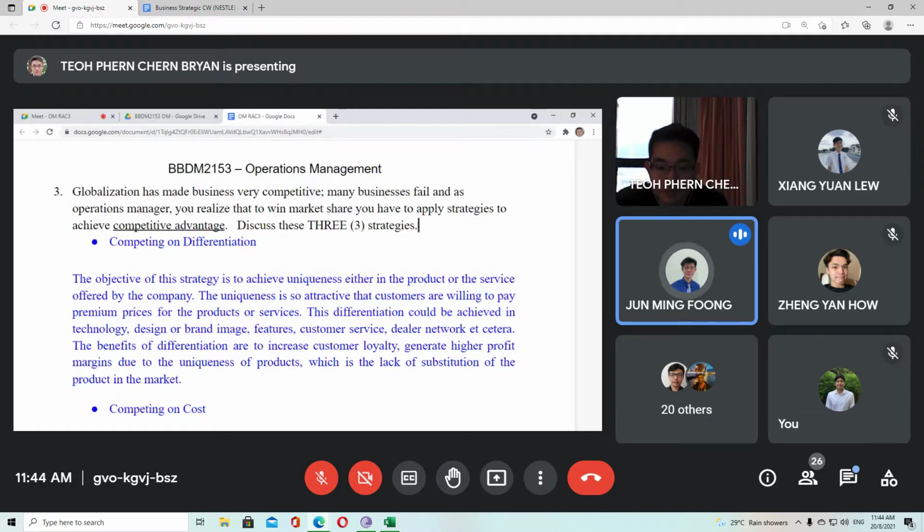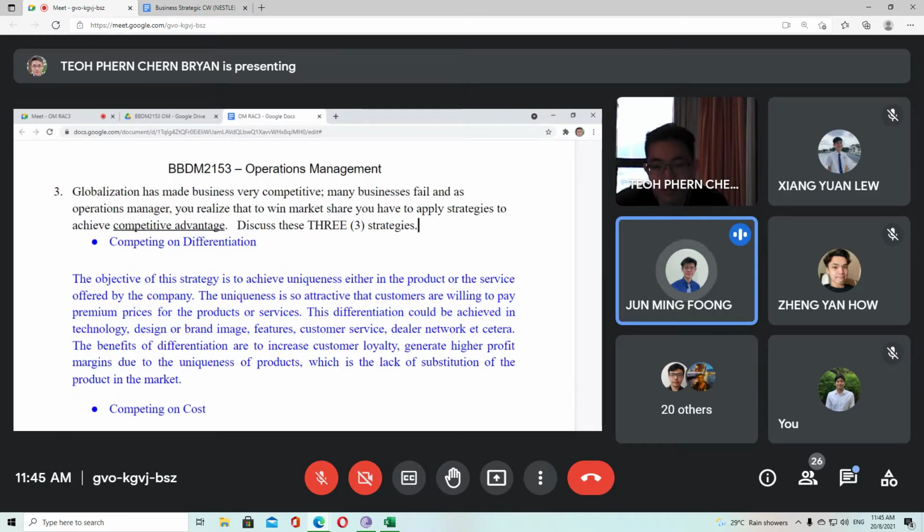This differentiation could be achieved in technology, design, brand image, features, customer service, dealer network, and so on. The benefits of differentiation are to increase customer loyalty and generate a higher profit margin due to the uniqueness of the product, which is the lack of substitution of the product in the market.